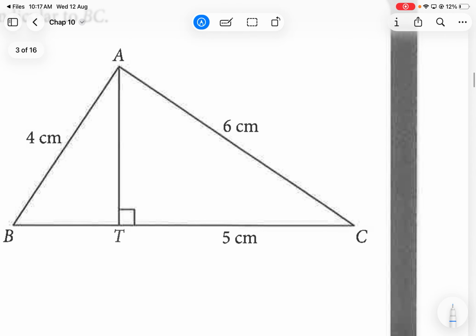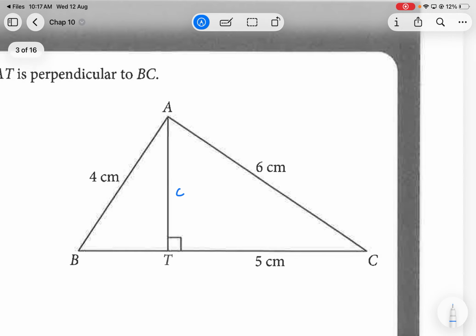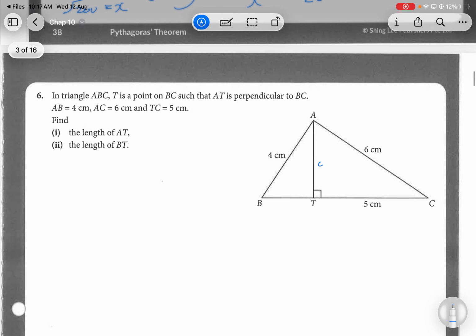I told you already, 11 is the exact answer of C square. That's why I use 11, it will be more accurate. If you put 3.32 squared, it will not be as accurate, because 3.32 we rounded up.